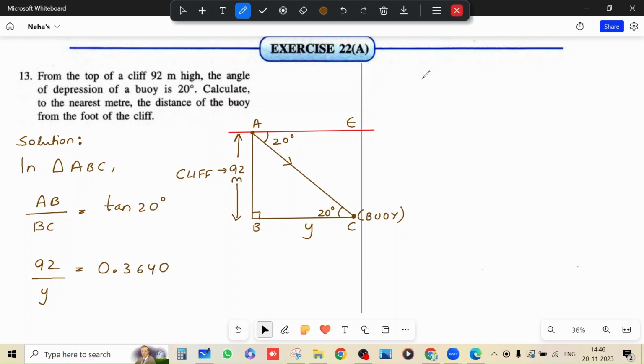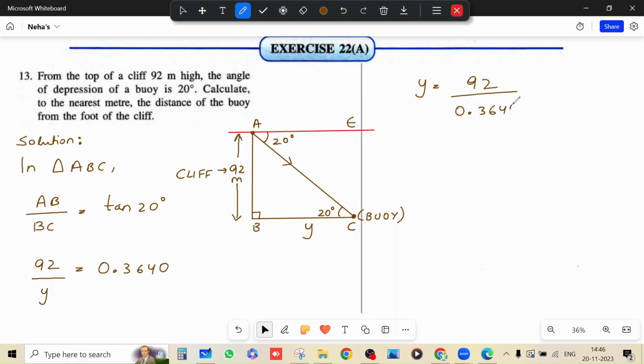So now we will get the value of y from here as 92 divided by 0.3640, and this is equal to 252.7 meters. As we have to calculate it to the nearest meter, we will round it off, and this will become 253 meters, which is the answer of this question.